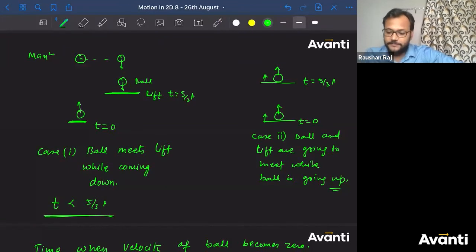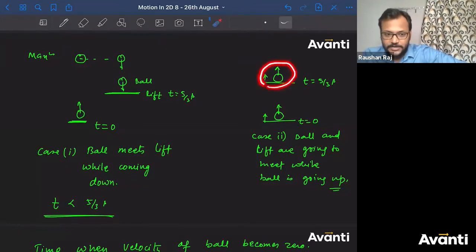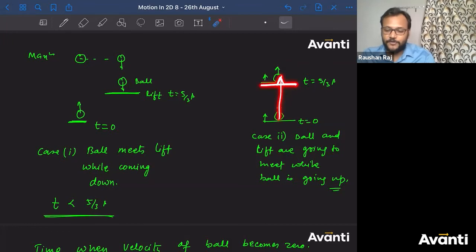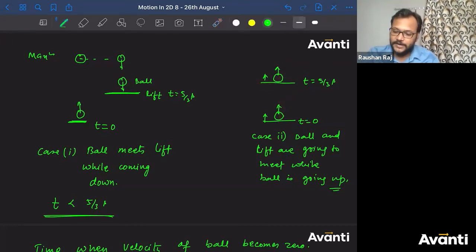Here, what is the condition? Here, the ball has not come to 0 velocity. Before coming to 0 velocity, the ball has met the lift. So at virtual condition, virtually, I'm drawing it with dotted line.